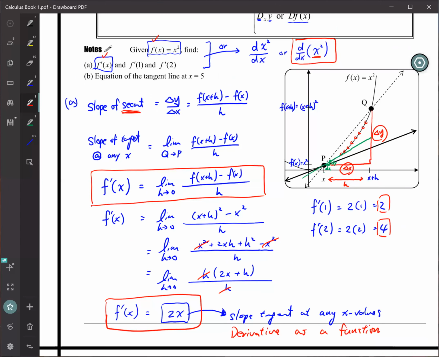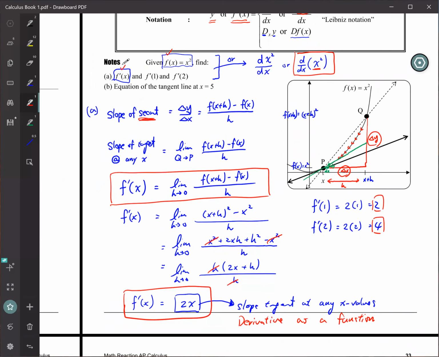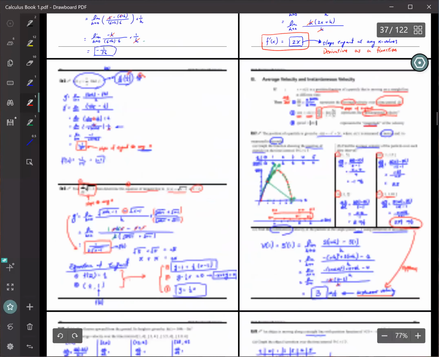Because they are both functions, we can graph them. The original is x squared and the derived function is 2x. Let's see how they are related on the graph.